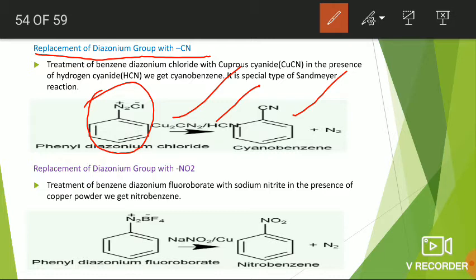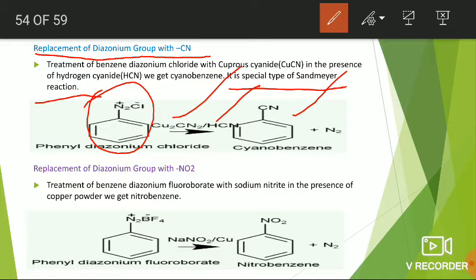Generally, this reaction is a special type of Sandmeyer reaction, because in the Sandmeyer reaction, diazonium salt is treated with cuprous halide in the presence of the same hydrogen halide.